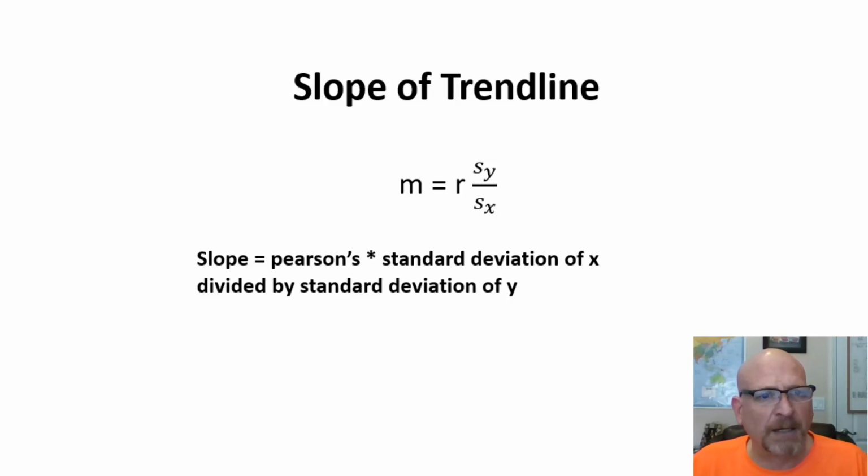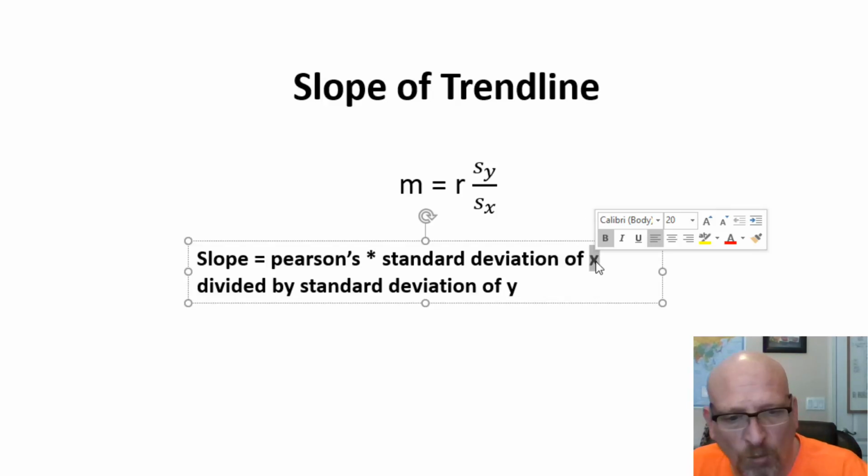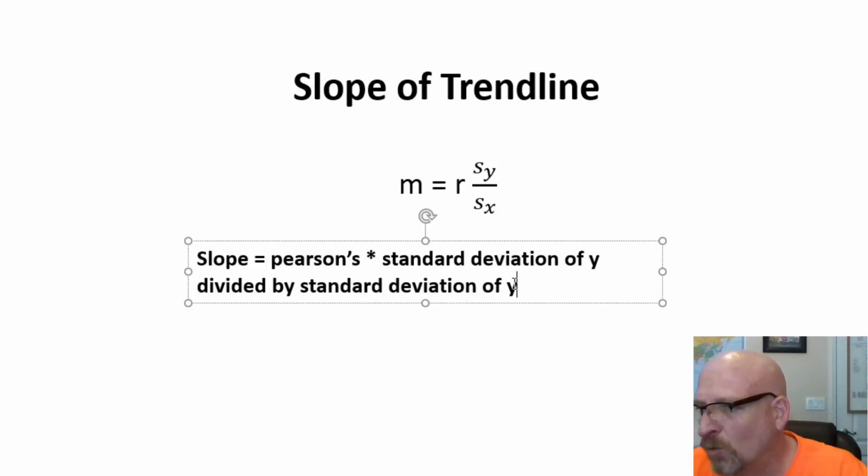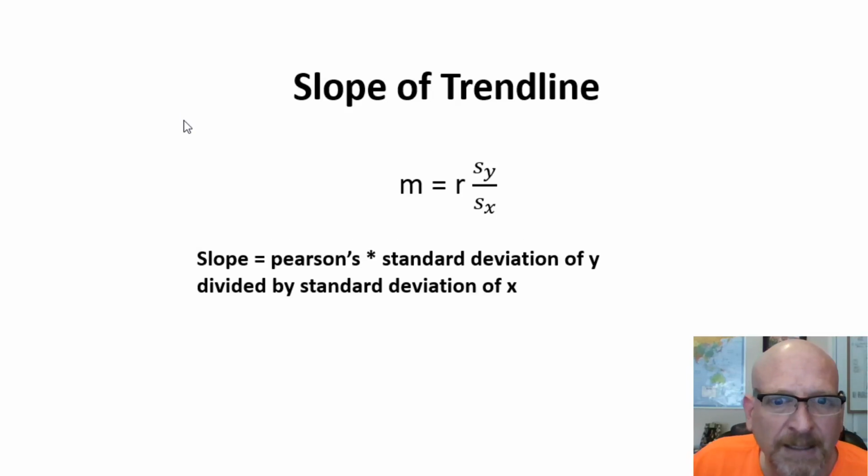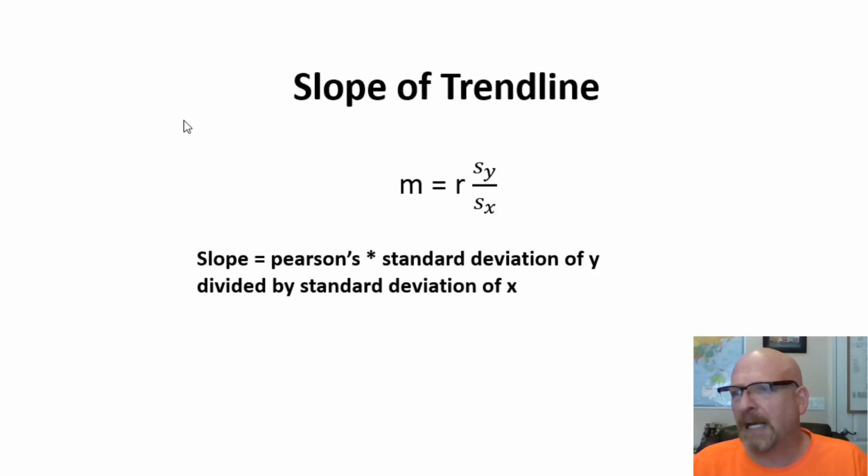So here I actually got it backwards. I said slope is equal Pearson's times the standard deviation of x divided by the standard deviation of y, and that should be standard deviation of y divided by the standard deviation of x. So we're correcting things in real time. Can't get better than that.